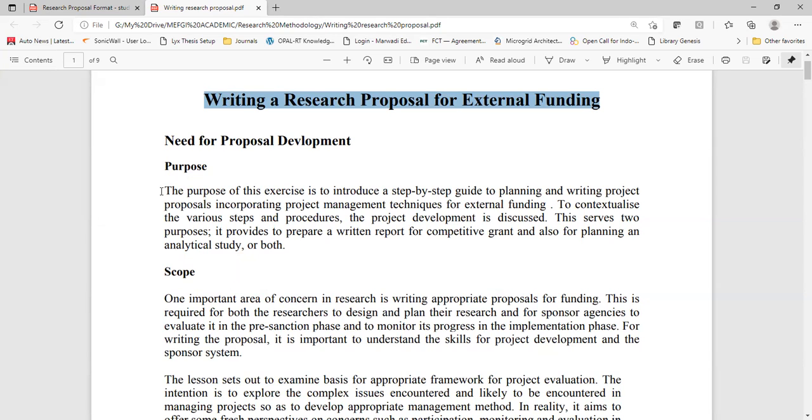The purpose of this exercise is to introduce a step-by-step guide to planning and writing project proposals, with project management techniques, for external funding. Whenever you write for a project, it's not just the technical aspect which is involved.